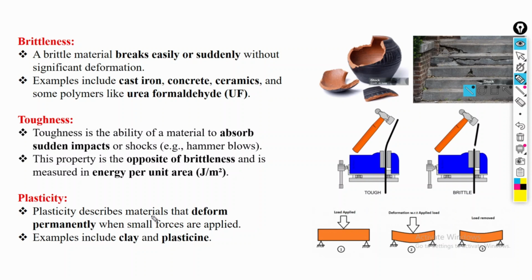So plasticity describes material that deforms permanently when a small force is applied. Examples of plastic material include clay and plasticine.